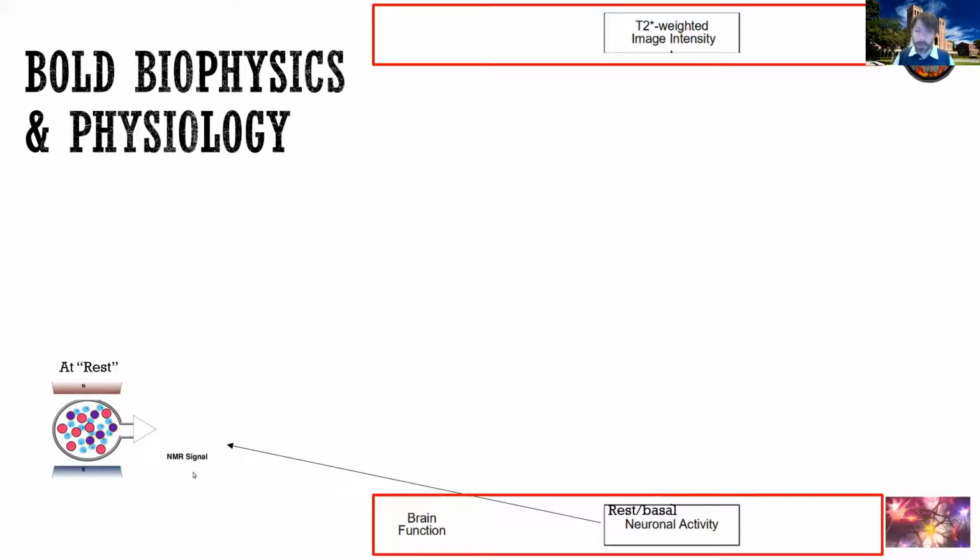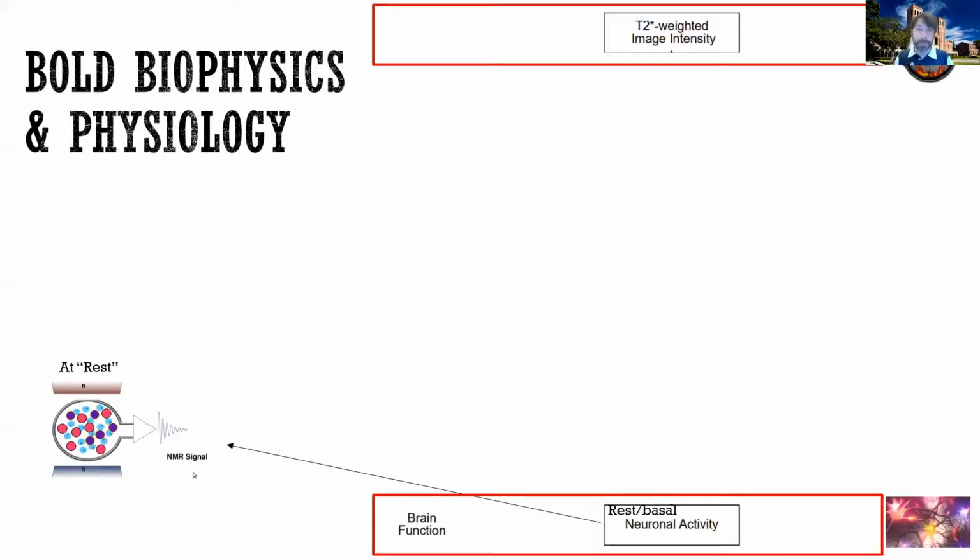So the net result is that protons in this small piece of tissue, in this particular moment, given this amount of oxygenated and deoxygenated hemoglobin, will probably dephase rapidly. So the T2 star relaxation will probably be quite rapid.